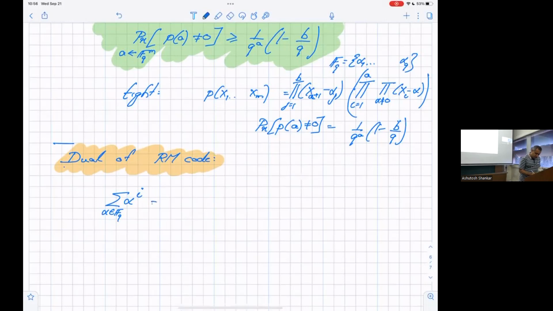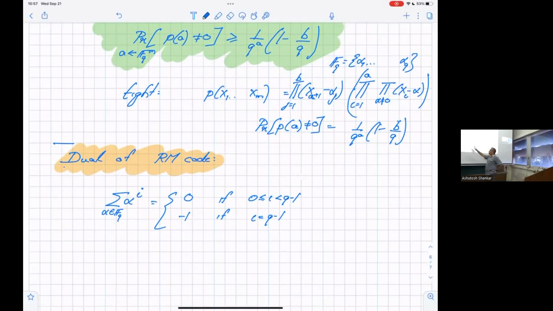What was this quantity? This quantity was 0 if 0 is less than or equal to i less than q minus 1, and it was minus 1 if i equals q minus 1. This is something we saw.